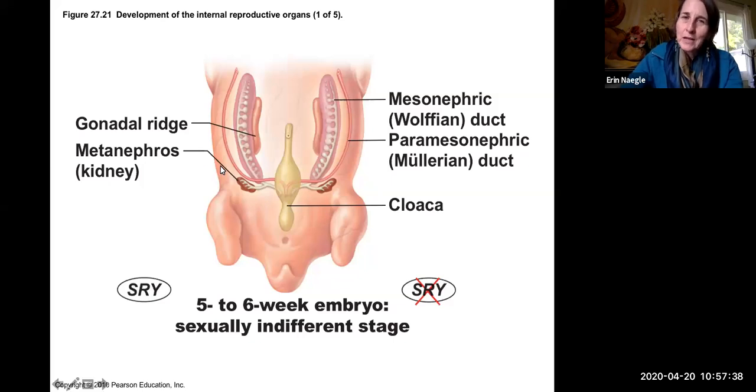But take a moment and look at that, and can you make a prediction about the mesonephric duct and the paramesonephric duct? Meaning, which of these do you think will become uterine tubes, and which do you think would be more likely to become the vas deferens or the ductus deferens? Knowing what you know about the male versus the female anatomy right now.